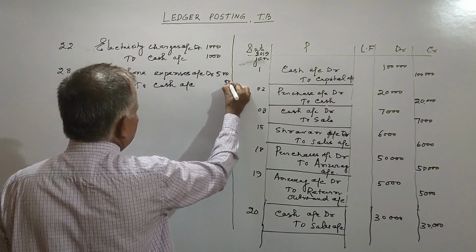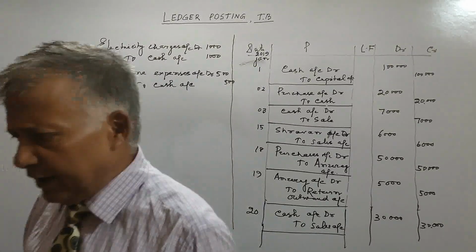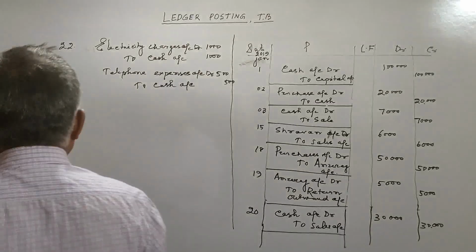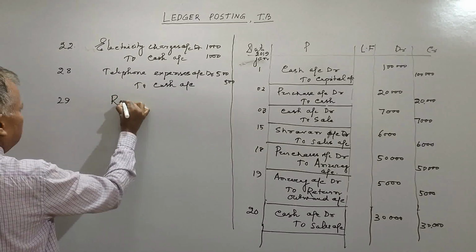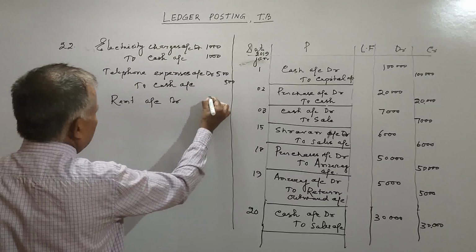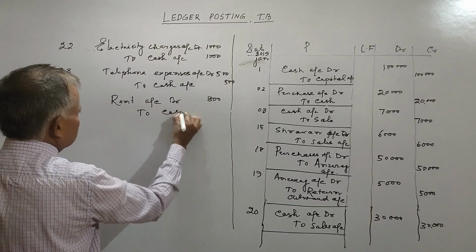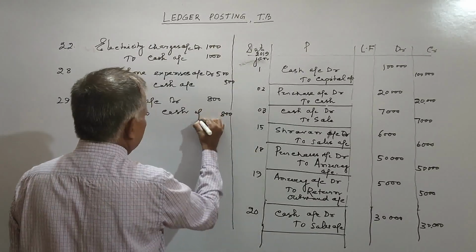This is 500. Then after 28, 29 paid rent 800. Rent account debit 800 to cash. This is again 800.